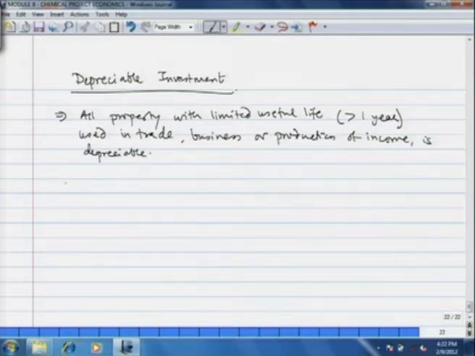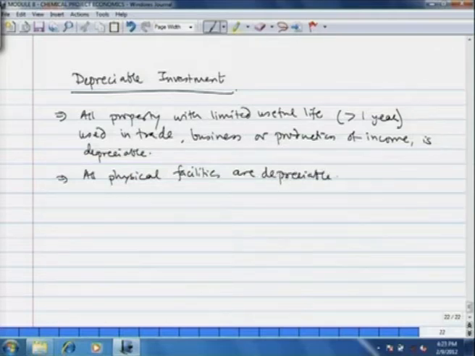All physical facilities plus the costs such as design and engineering, shipping and field direction are depreciable. What are not depreciable?